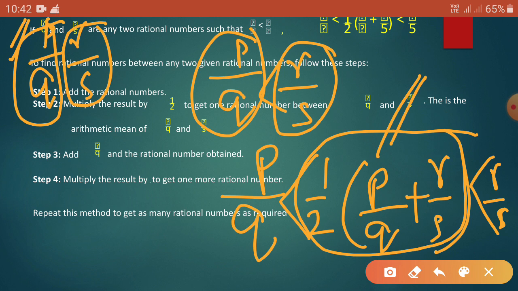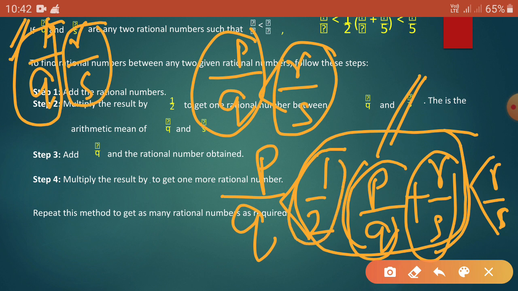So what are the steps here? At first we have to add p by q and r by s, those rational numbers, and then we have to multiply the result with 1 by 2 to get the rational number between p by q and r by s. So this is the arithmetic mean of p by q and r by s.